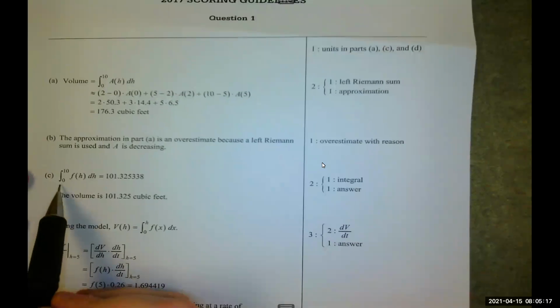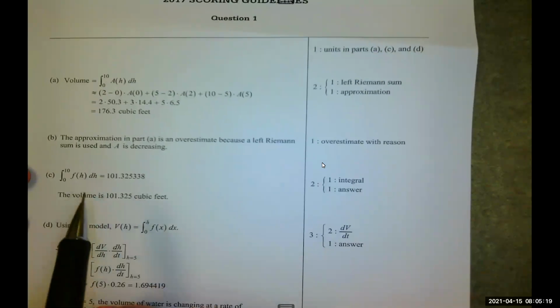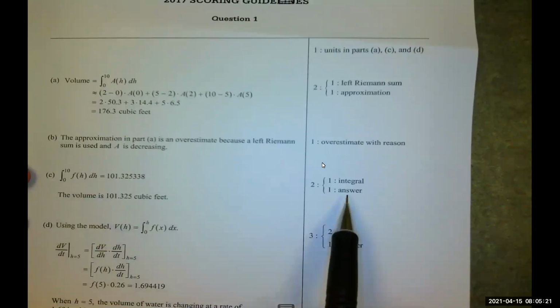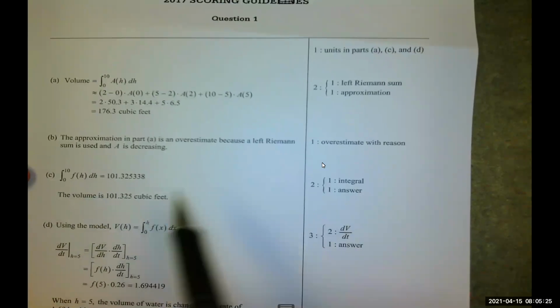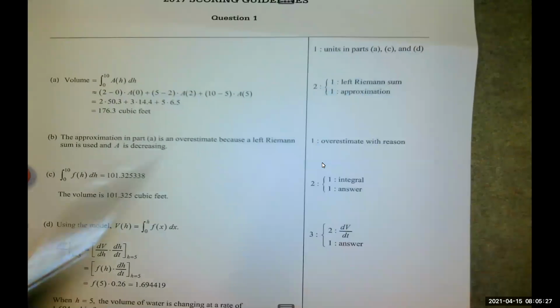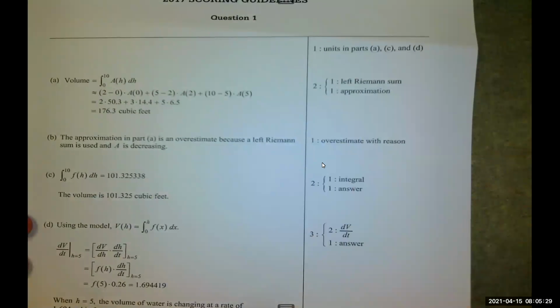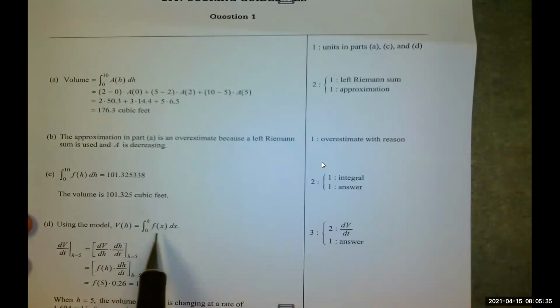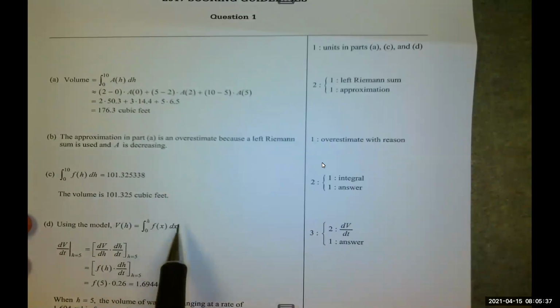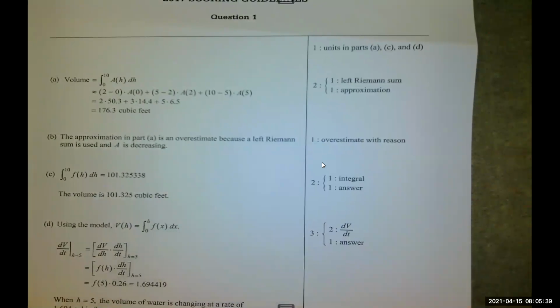1 point for the integral from 0 to h of f of h dh. Make sure you have your dh on there. And then your answer, 101.325. Without the cubic feet, you wouldn't get that answer point. Part D, similar idea. So here's the function. They chose to write it with f of x. Honestly, you could do h's, you could do t's. It just doesn't matter. They're just holding places.